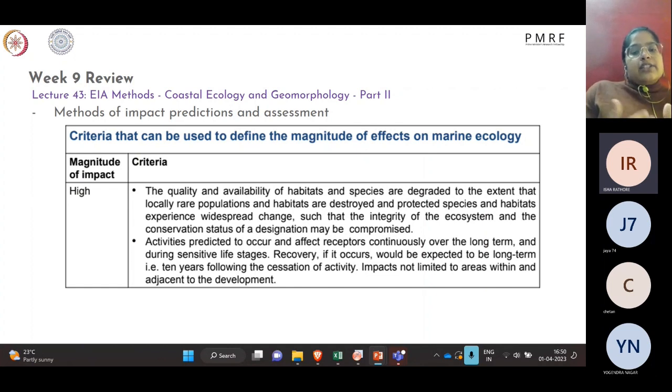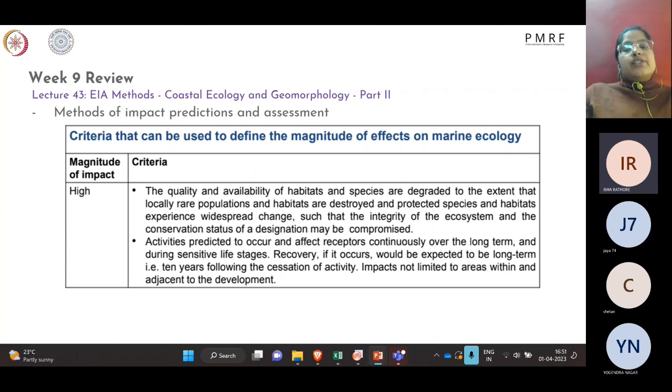And then activities which are predicted to occur on different receptors or people who are dependent on the coastal ecosystem. This keeps happening over the longer term and during sensitive time periods, and it occurs every 10 years, and the impacts are not limited to the area adjacent to the development. So this is the criteria for determining the high magnitude impact.